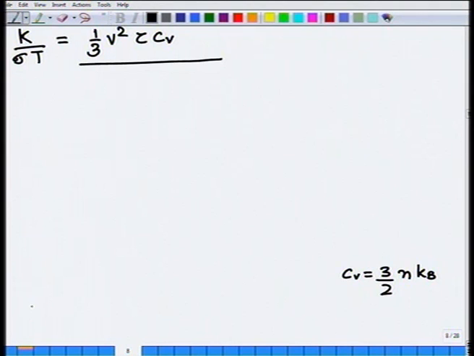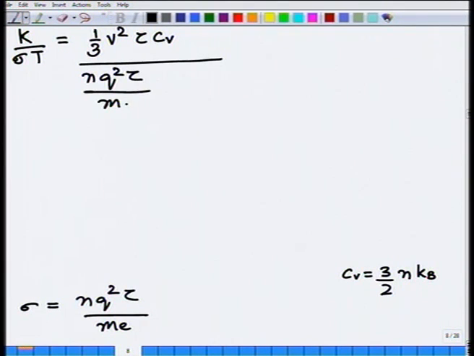Remember what conductivity is? We had derived conductivity as n q square tau by m_e. Therefore, we can substitute that in here: n q square tau by m_e times T. Also, we are going to make two substitutions.